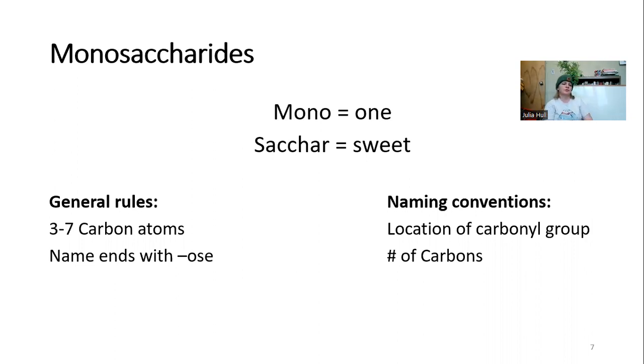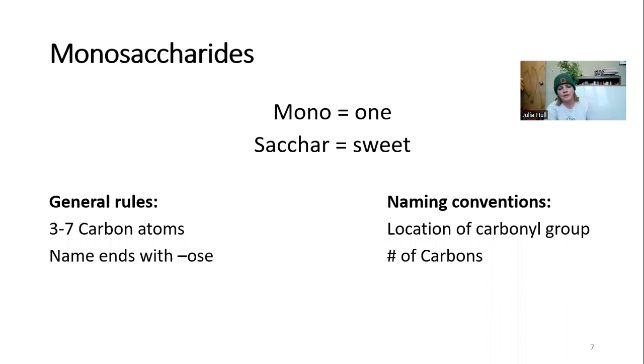Typically, as some general rules, we usually see 3 to 6 carbon atoms in monosaccharides. We usually put -ose as the ending of the name, so glucose, fructose, cellulose. That -ose kind of pings your brain into thinking about carbohydrates.